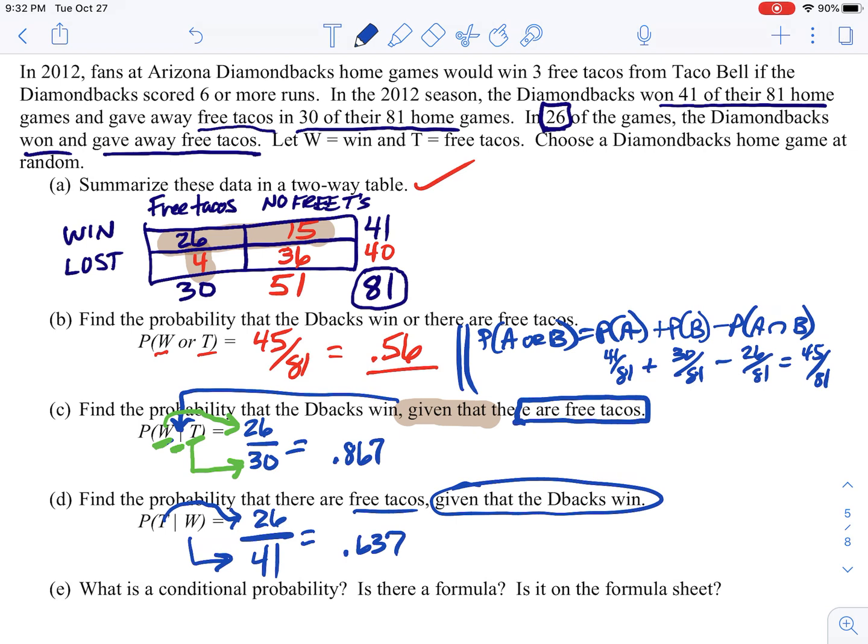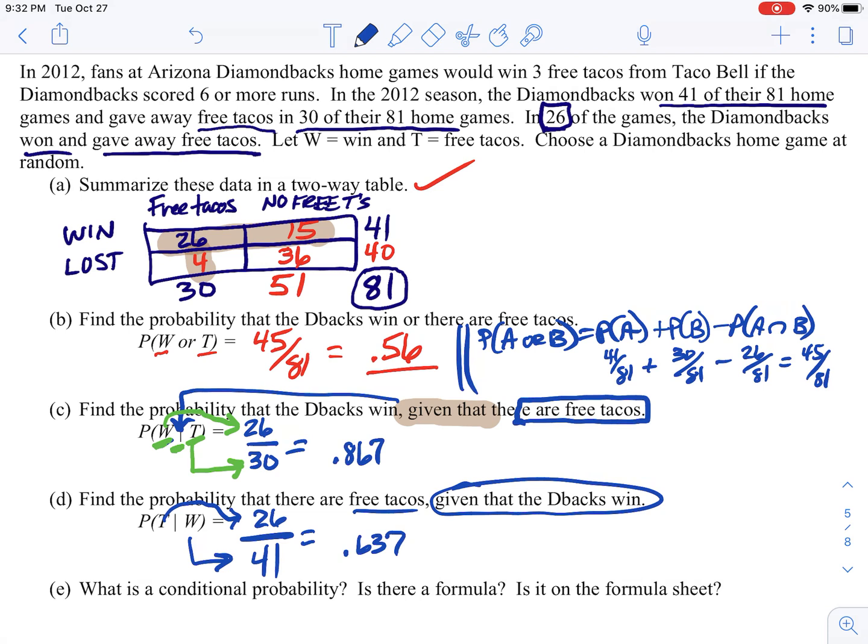And, if you're a baseball reporter, you could say either one of those statements and be completely truthful, but notice how one of them looks a little more dramatic than the other one, like the 86% looks a little more dramatic. So if you want to be more dramatic in the writing of a baseball column, you could say, did you know that out of all the games they gave away free tacos, 87% of the time the Diamondbacks won the game?